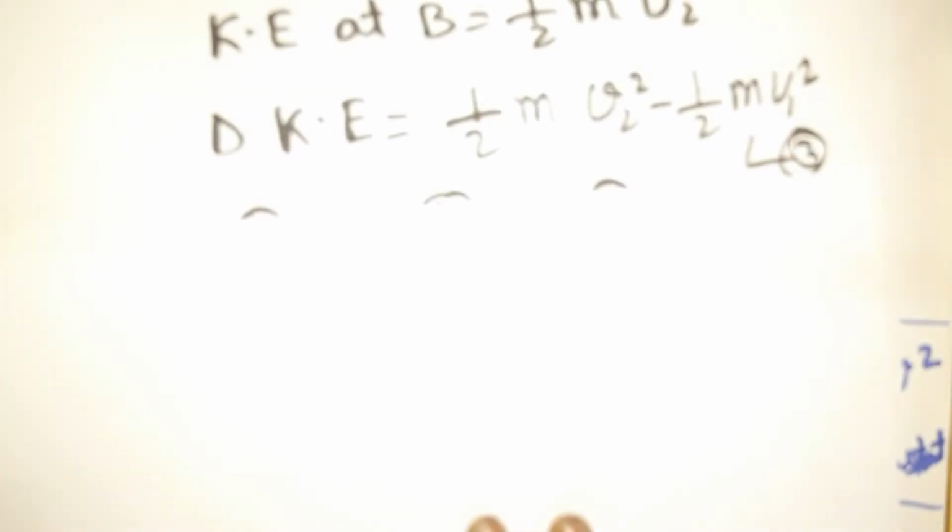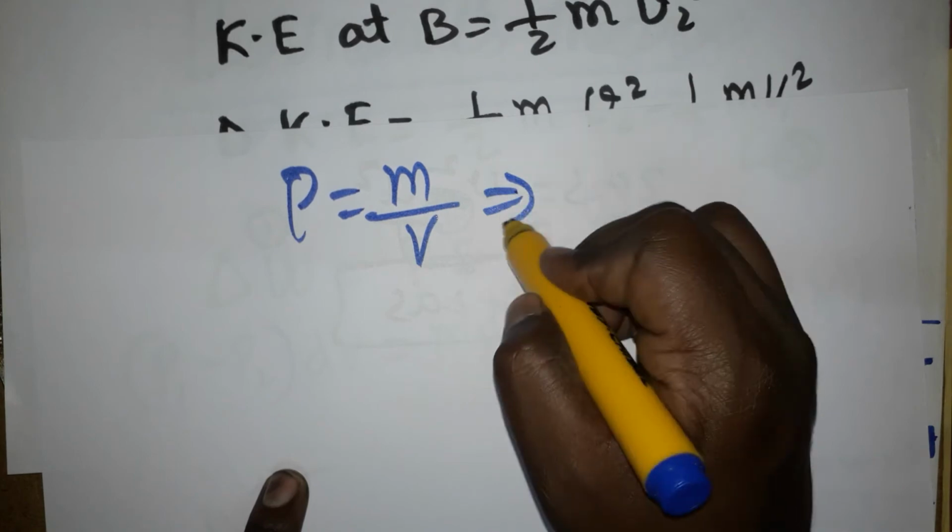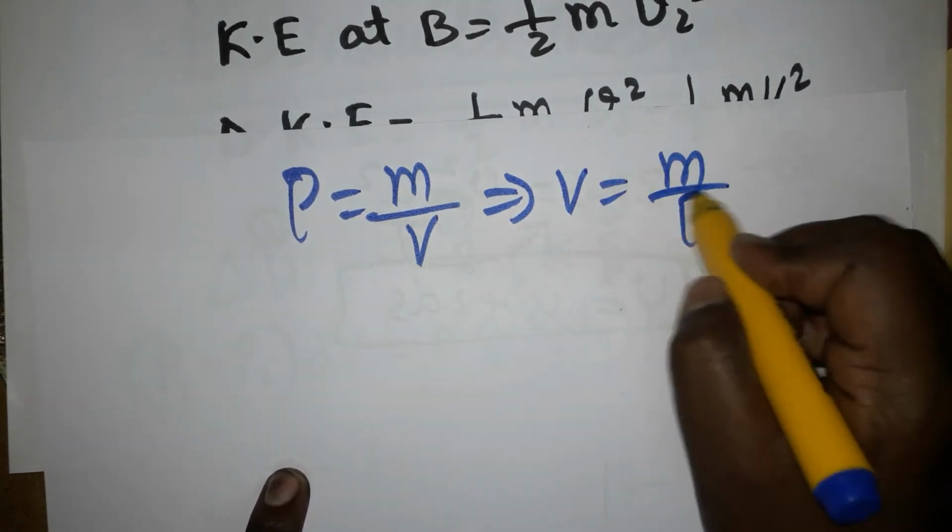Now density is equal to mass per unit volume, so volume is equal to mass divided by density.